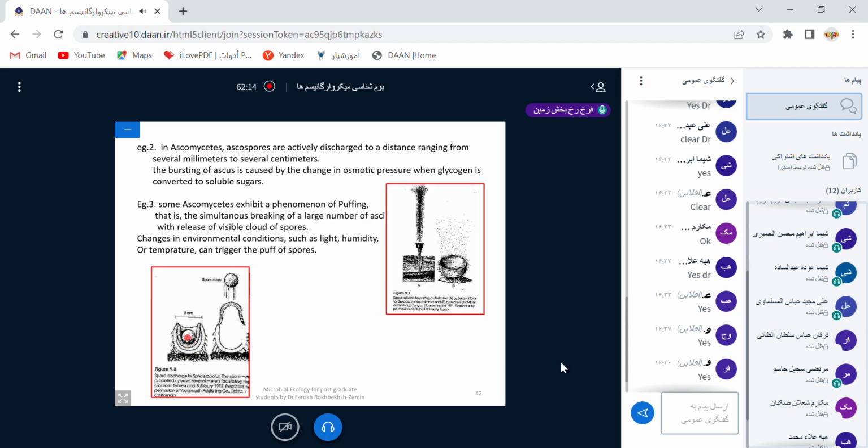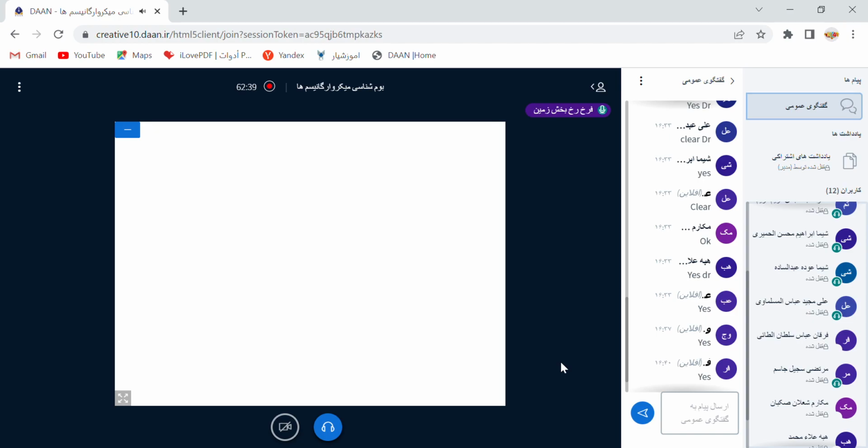This sheet containing the spores contracts in such a way that it shoots the spores outside into the air so they can go far from the mother cell. So these are active forms of transfer of spores far from the mother cell.